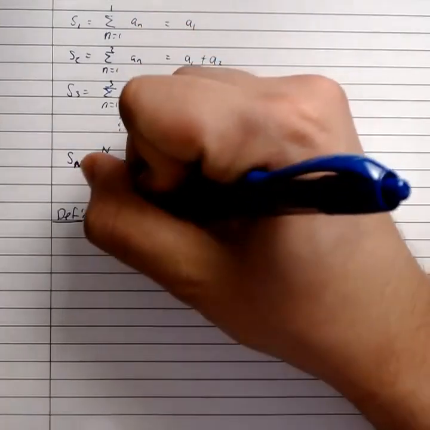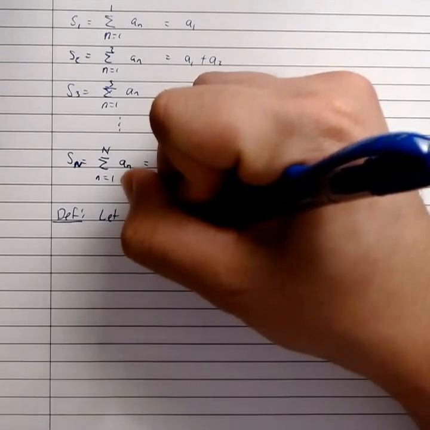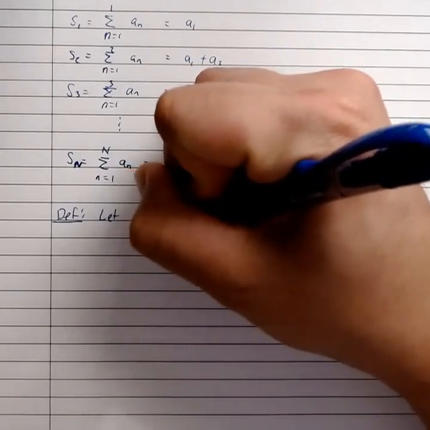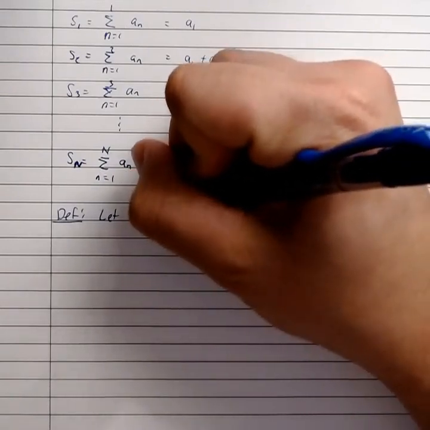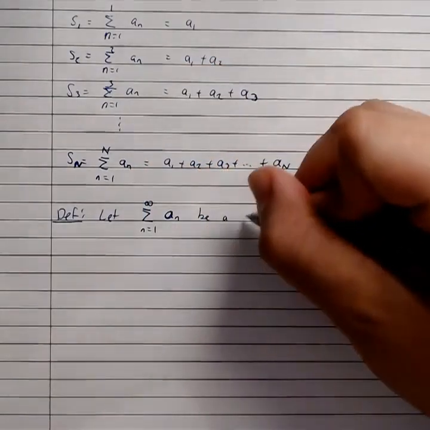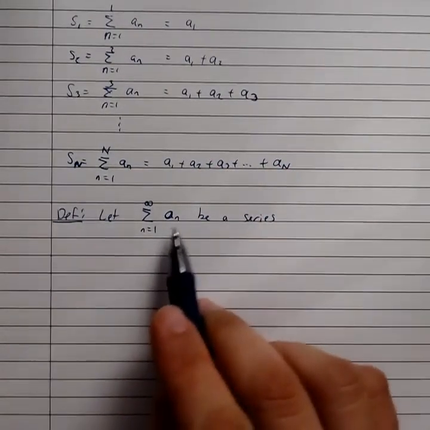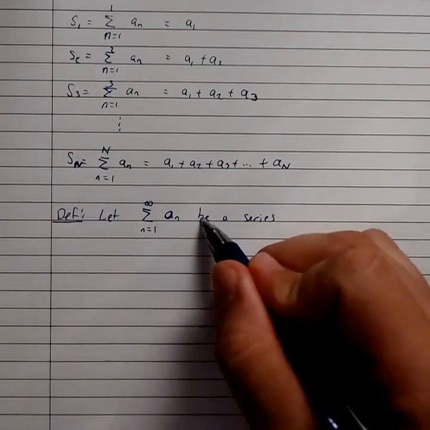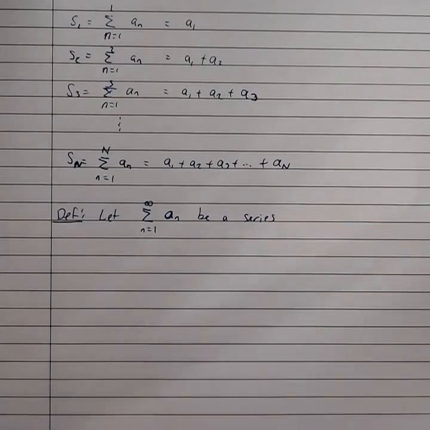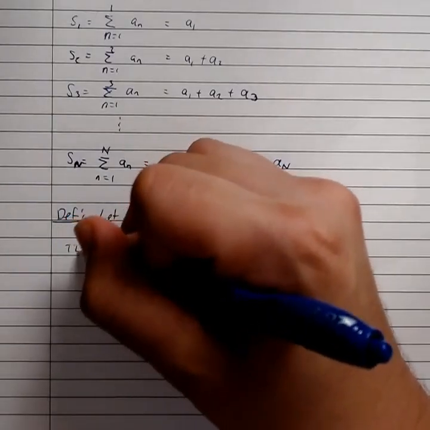So let the sum as n goes from 1 to infinity of a sub n be a series. We don't know what kind of series, we don't know what these terms are, but it doesn't matter. Here we're defining this in the most general sense. You have a series. Let's define the partial sums.